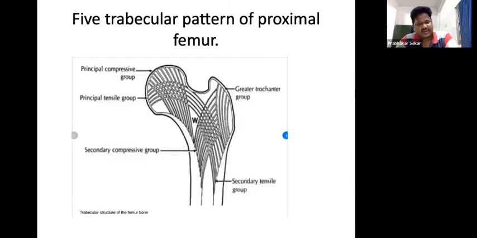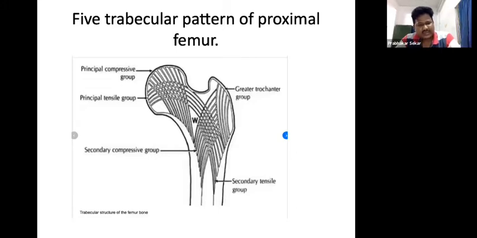Then the trabecular pattern based on osteoporosis. Here, we assess the intensity of osteoporosis based on the disappearance of the trabeculae. If all the trabeculae are present, then it's not an osteoporotic bone.